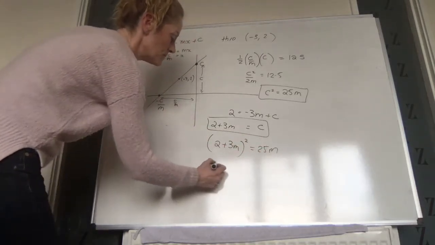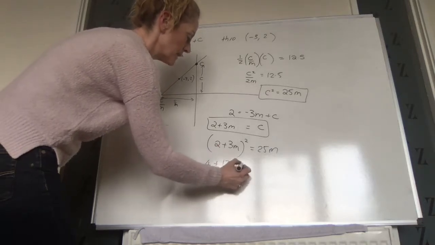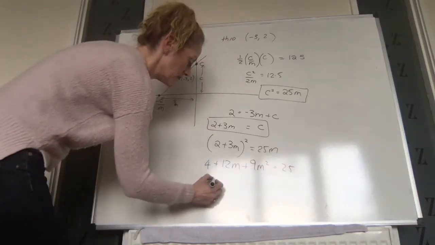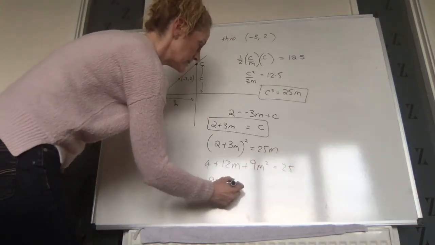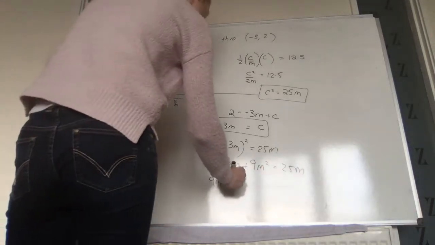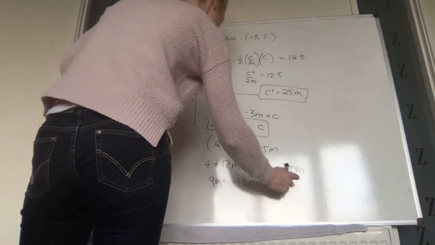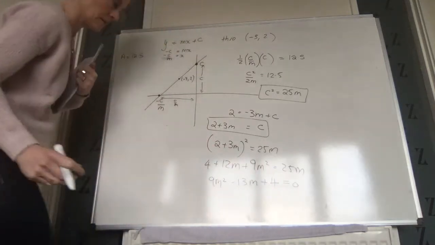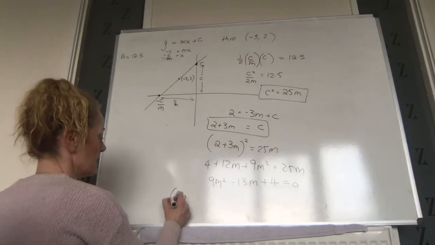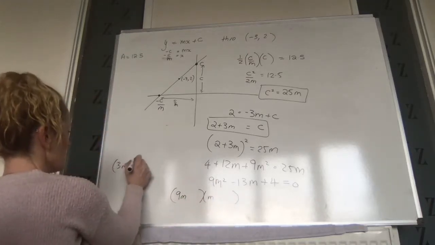So we have 4 plus 12m plus 9m squared equals 25m. So 9m squared minus 13m plus 4 is equal to 0. Okay, and what will that give us? 9m and m could be 3 and 3 as well, so it could be 3m and 3m.